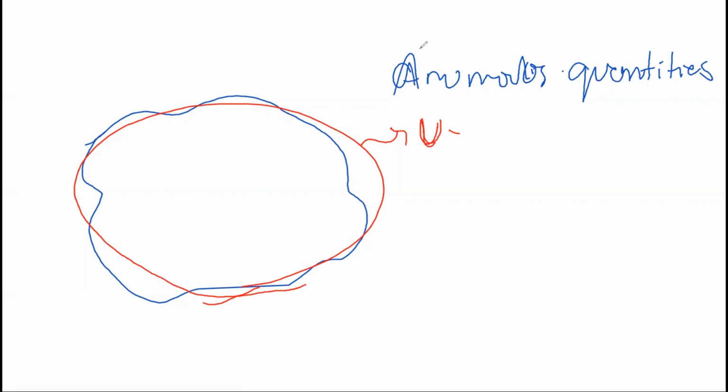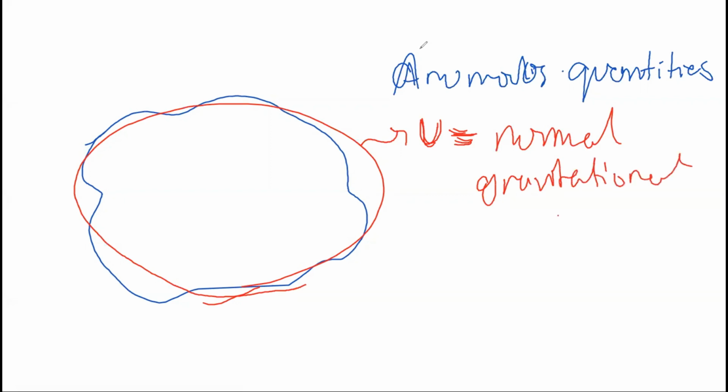Therefore, this will be much simpler than the gravity field of the Earth, and it's smoother. It's called normal gravitational potential.